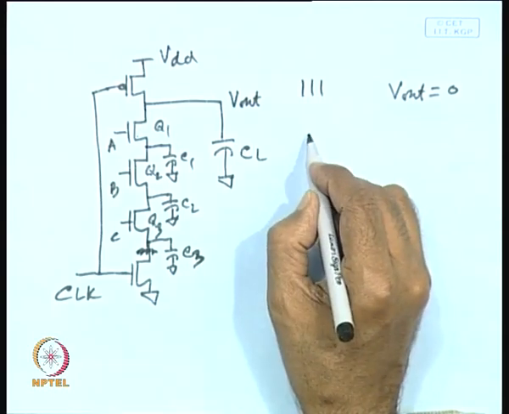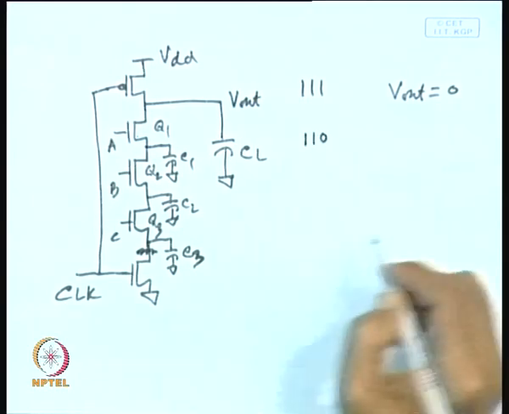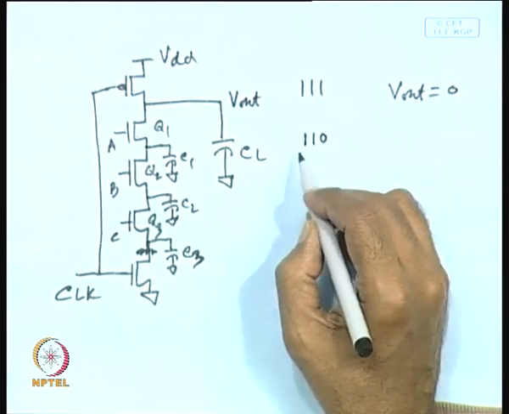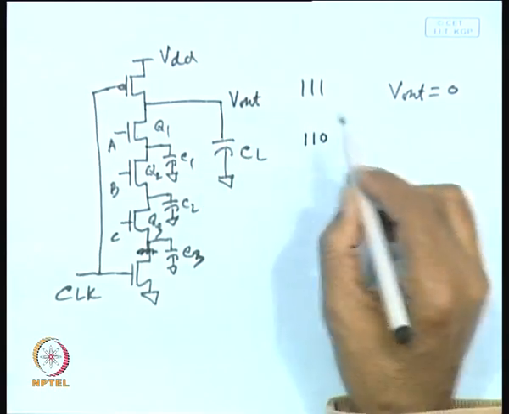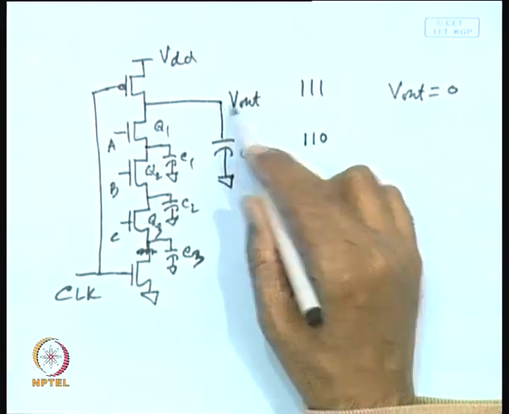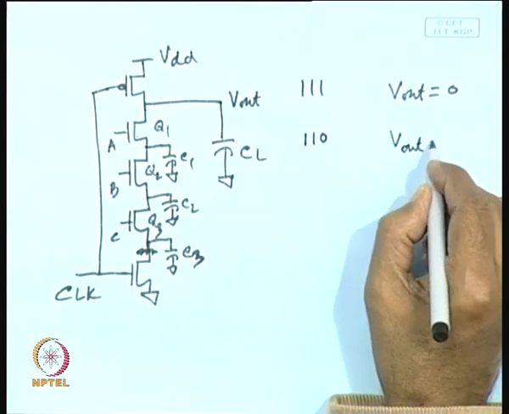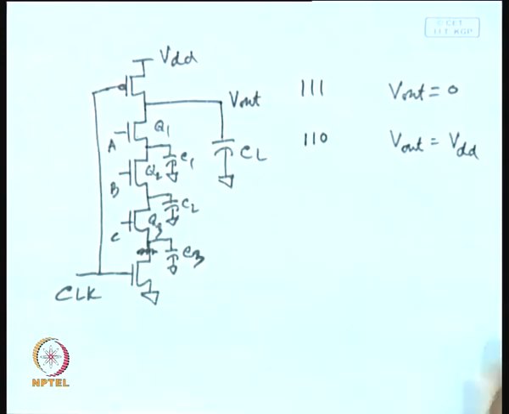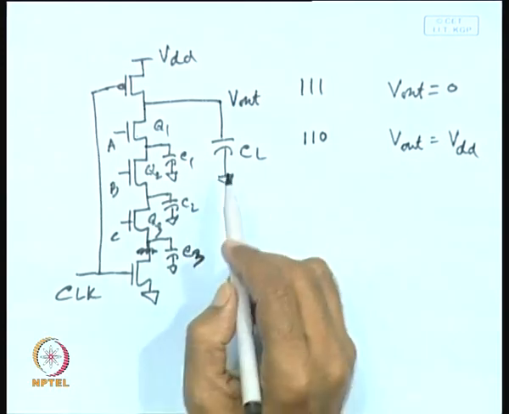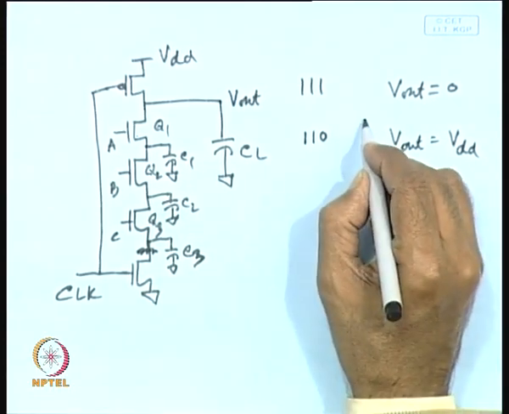Now, suppose the next input is 110. During the precharge phase, the output is precharged to VDD. Now, what will happen during the evaluation phase? This is during pre-charge.